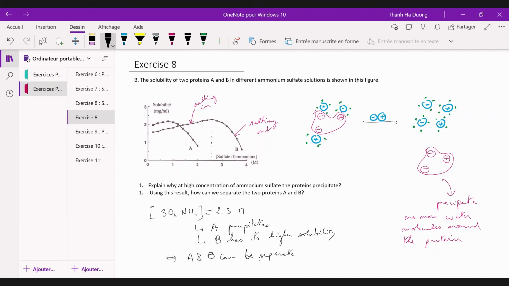And after, if you want to extract the B from the other mixture of proteins, you can increase the ammonium sulfate concentration, for example, to 3.5, and you will have the precipitation of B, and you can remove this from the solution.